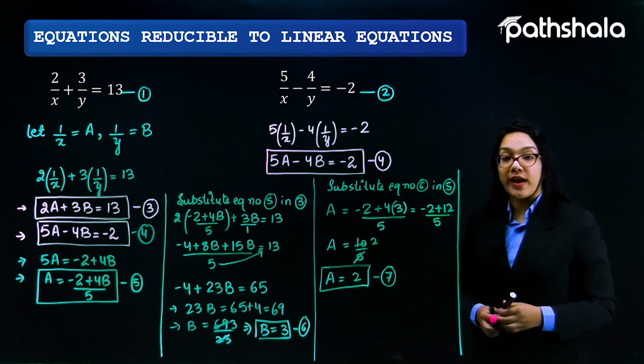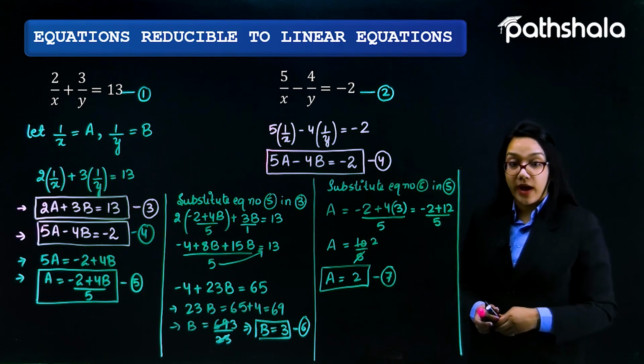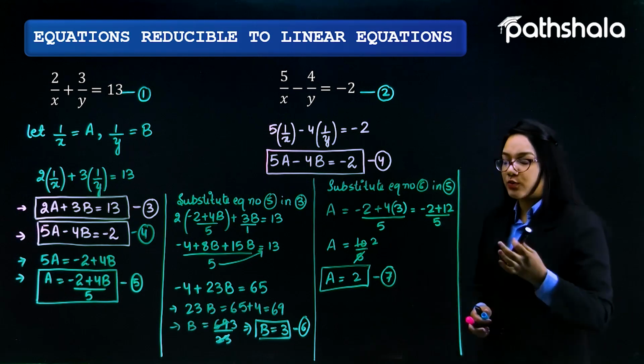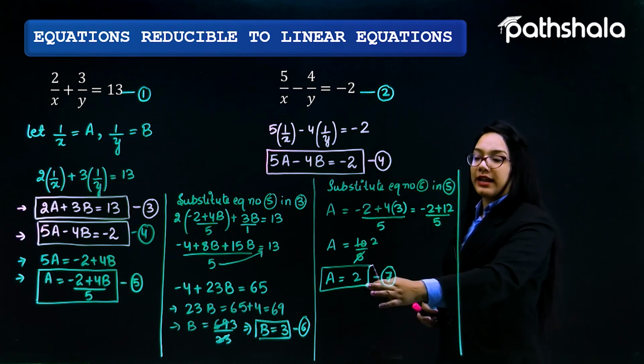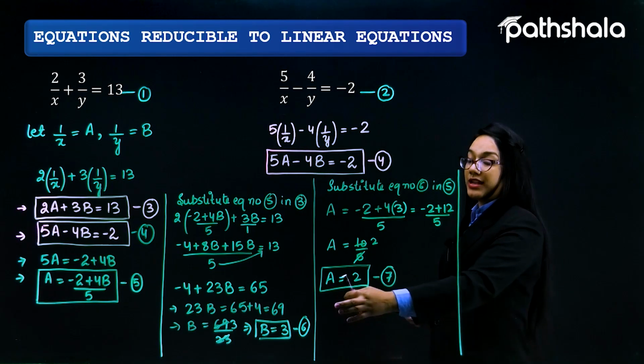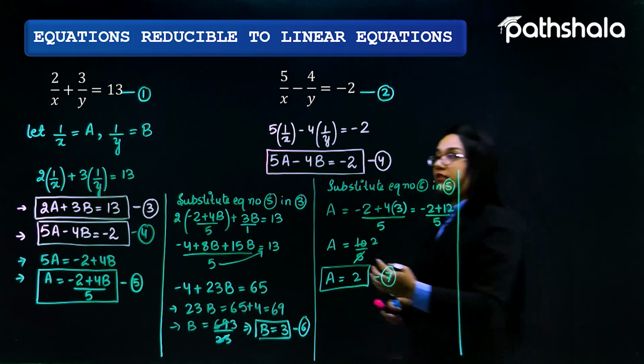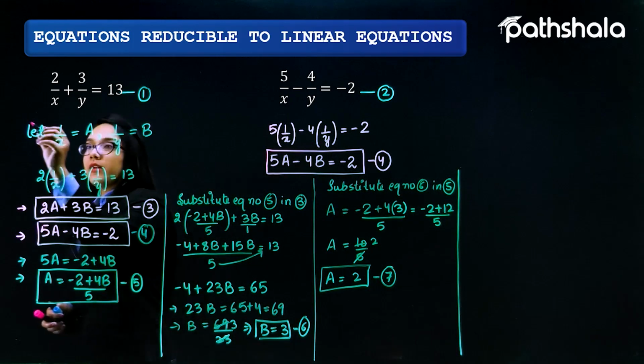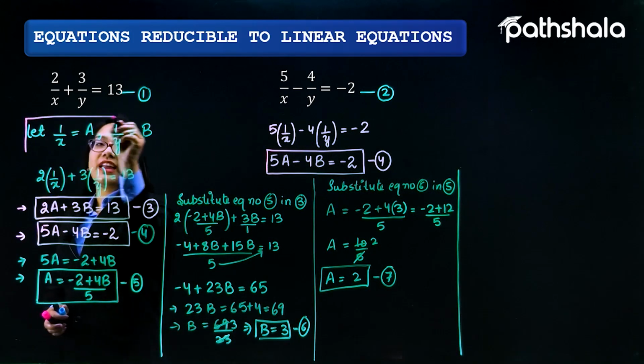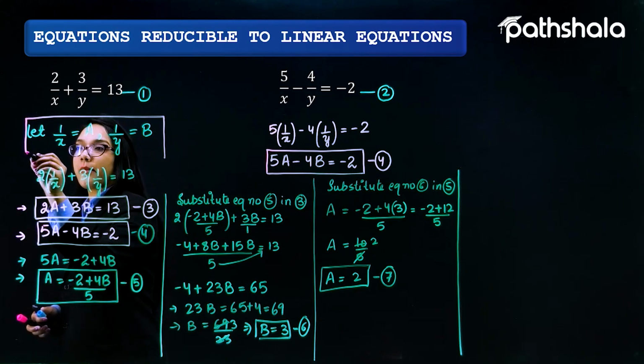So how can we calculate it? We have capital A as 2, capital B as 3. Moreover, we have supposed that 1 by x is capital A and 1 by y is capital B.